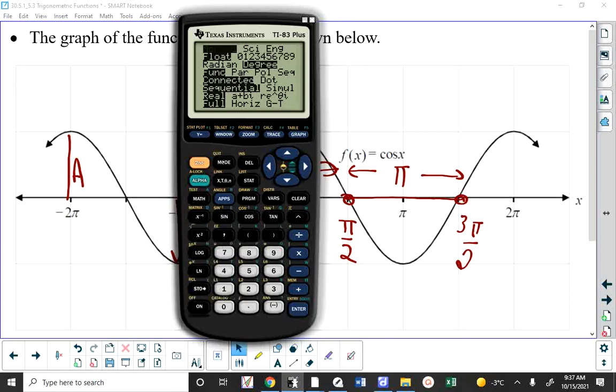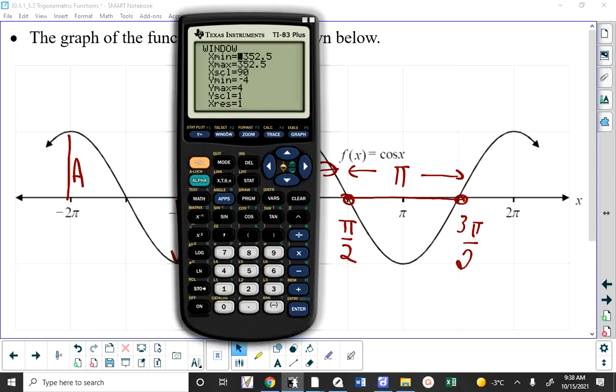Okay. If it's in degrees, when you go zoom trig, look what the window does. The window setting goes from, I hate that it doesn't go negative 360 to 360. That really bothers me. I don't know why it goes negative 352.5, but it basically goes from negative 360 to 360 and from negative 4 to 4.